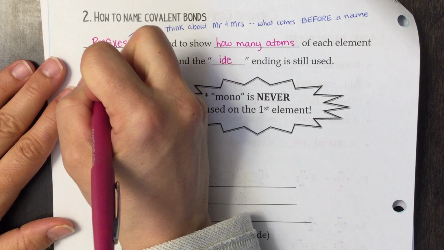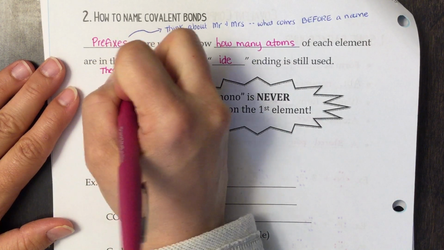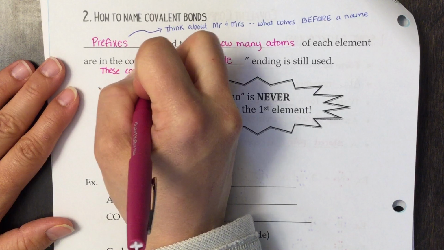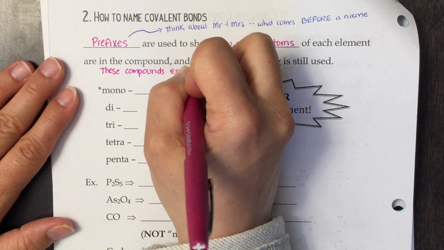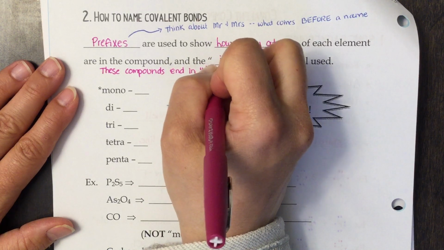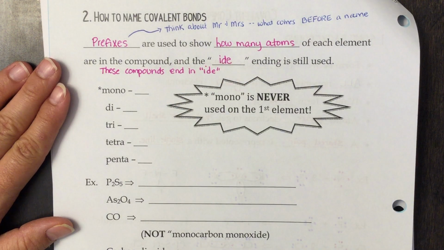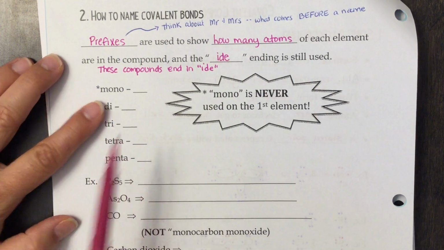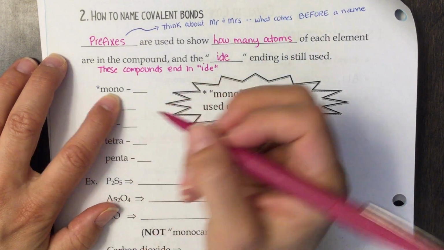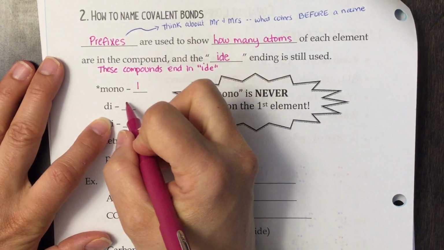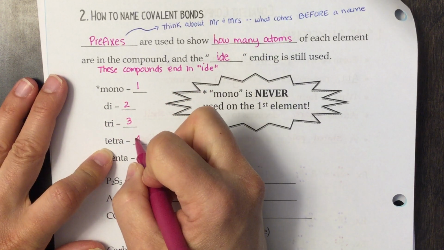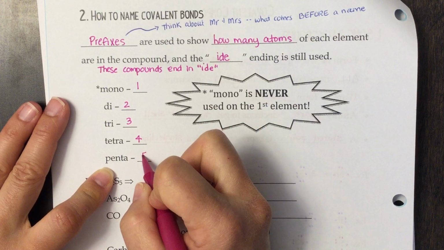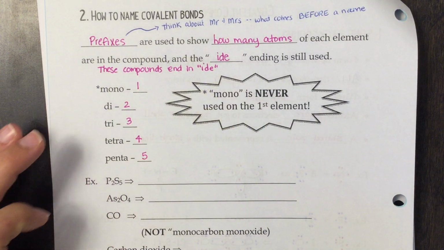So I'm going to write that here. These compounds end in IDE. So if we have 1 of something, it's mono. If we have 2 of something, it's di. 3 is tri. 4 is tetra. 5 is penta, and it goes up from there.